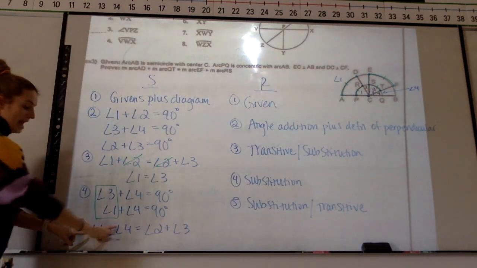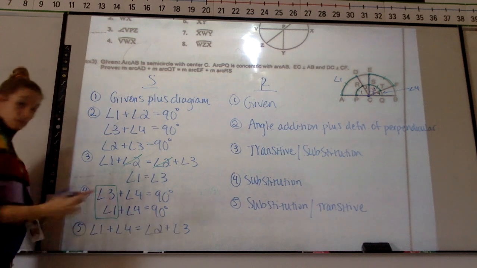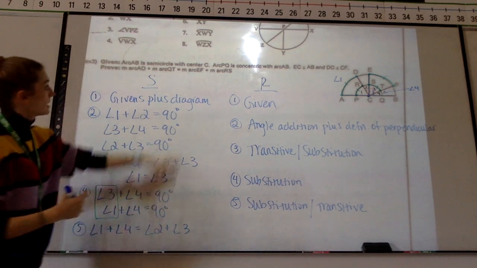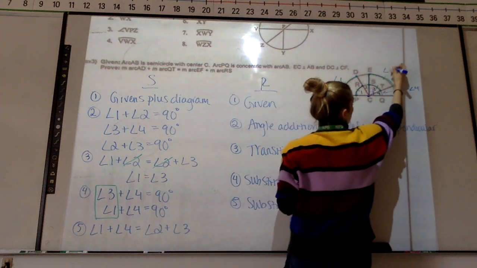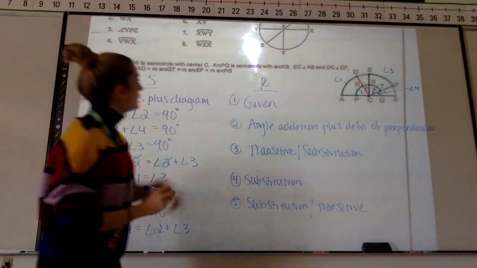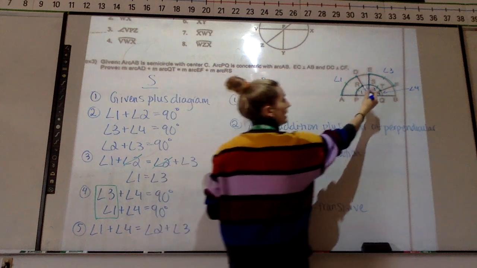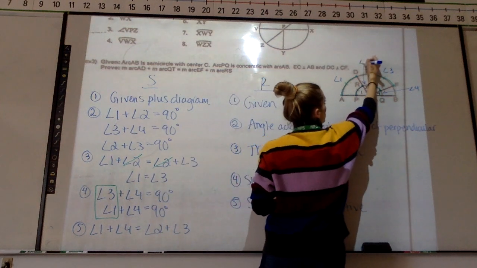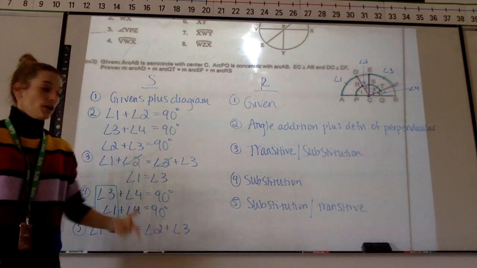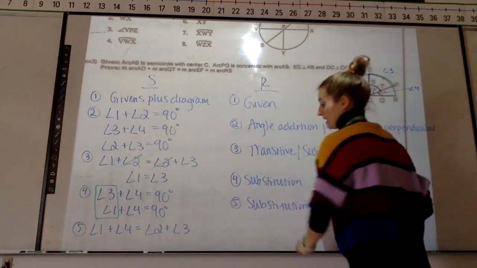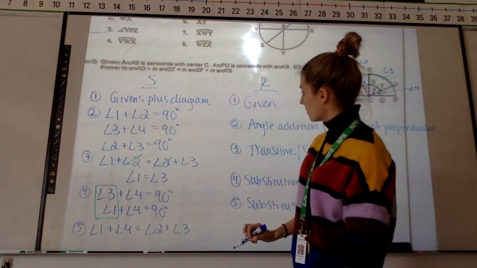And we've now stated that angle 1 plus angle 4 is equal to something else. Let's see what that something else is. Arc EF corresponds to angle 3. And arc RS, right here, corresponds to angle 2. Angle 2 plus angle 3. So you're basically ready to make your final statement, which I'm totally running out of space for.